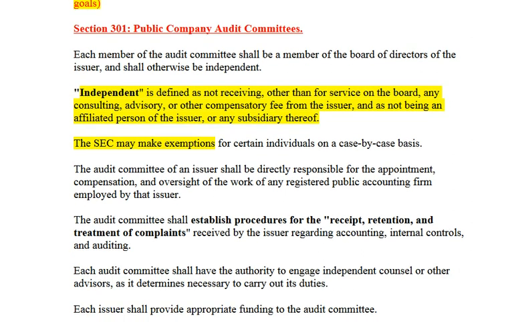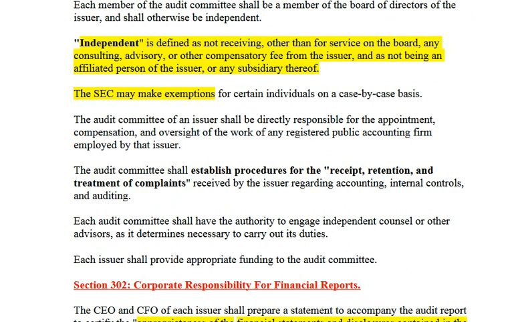And Section 301, Public Company Audit Committee. Each member of the Audit Committee shall be a member of the Board of Directors of the issuer and shall otherwise be independent.